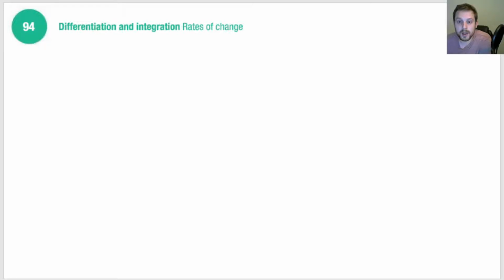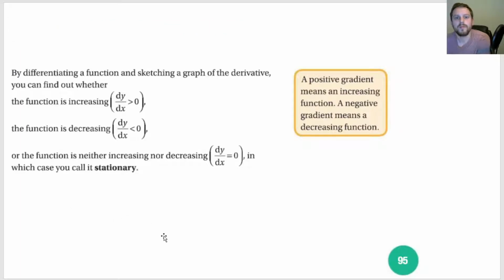And then if you turn the page to page 95, it basically tells you if dy by dx at a particular point is positive, then you are increasing. You are an increasing graph. That just means the gradient's positive, which means it's going uphill. It's starting from something smaller and ending up at something bigger.